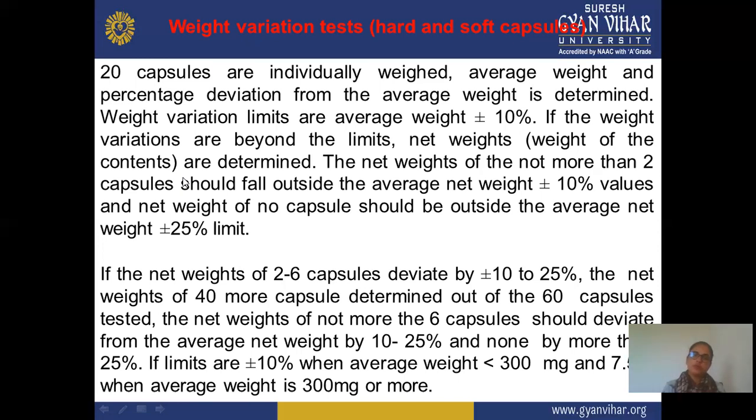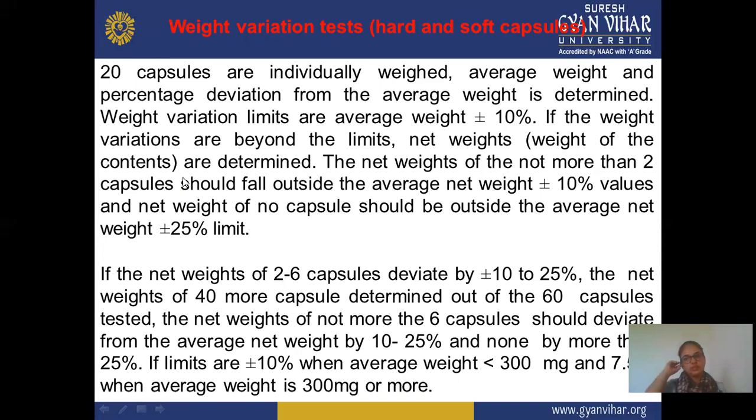Means first you perform this test on 20 capsules, and they should be accepted in the limited range of plus minus 10%, with at most 2 capsules outside that limit. If more than 2, then you again perform this test on an additional 40 capsules. In total there are 60 capsules, and out of these 60 capsules, you can accept 6 capsules if they are beyond the limit.